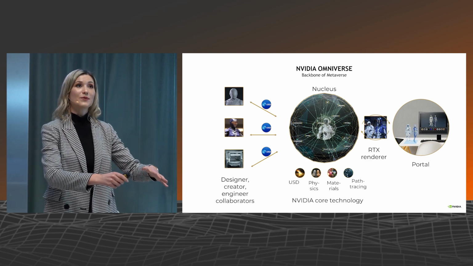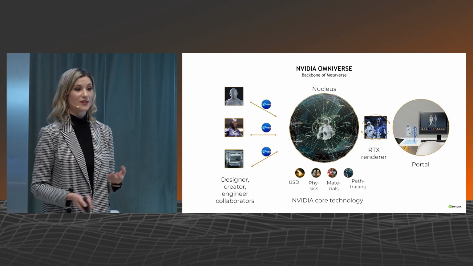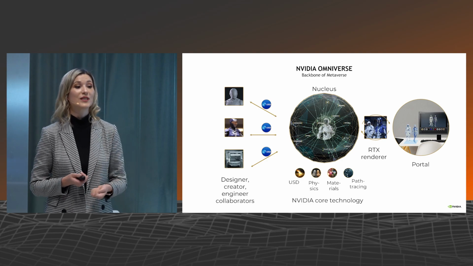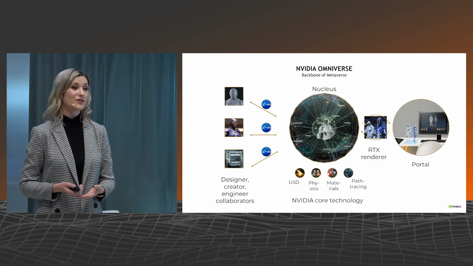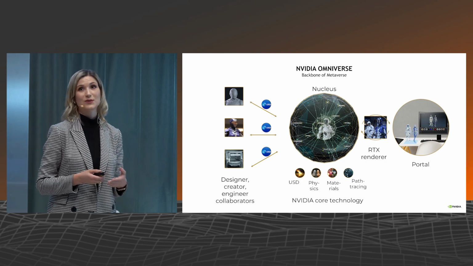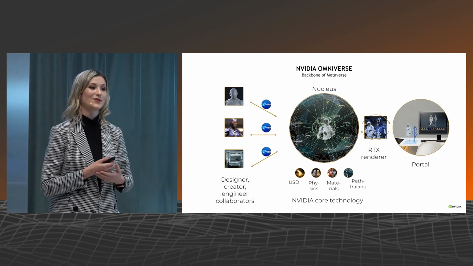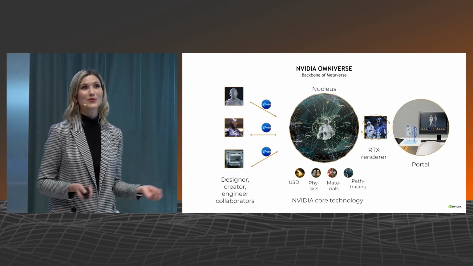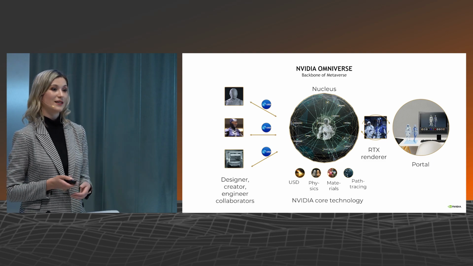From the bottom up, Omniverse relies on NVIDIA proprietary techniques like physics, materials, path and ray tracing, and it all comes with an RTX renderer. Then we also offer a web portal, where you can access Omniverse from wherever in the world you are, from whatever client hardware you have, be it a laptop or a workstation. It can run in the cloud.